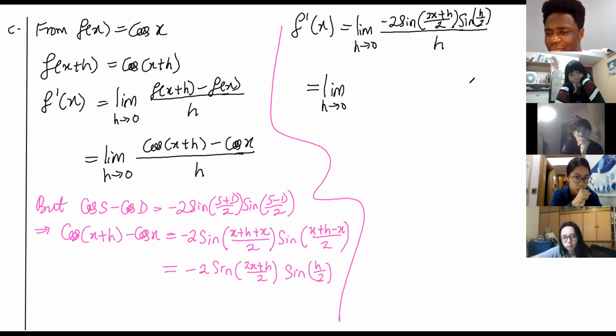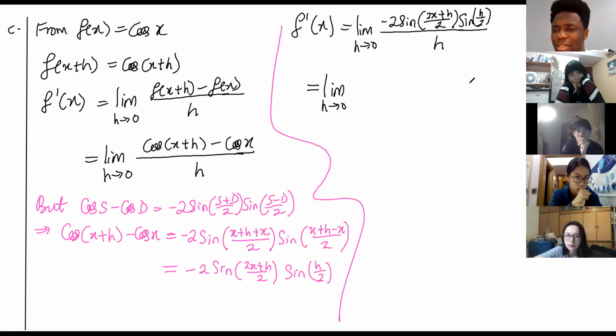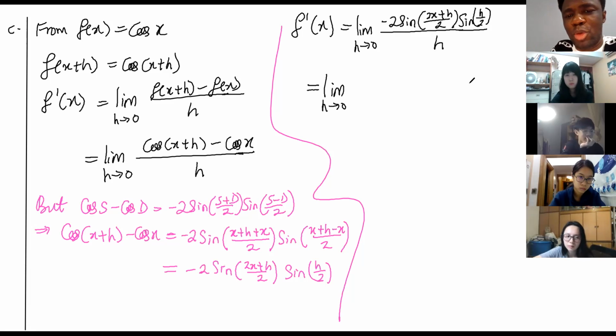Any other idea? Nice try, mister. You should connect it to something we did recently. The sine x over x. Yep. Split the -2 with the sine h over 2. So when you divide it by 2, it cancels out. Yep. So tell me what the next step will look like.